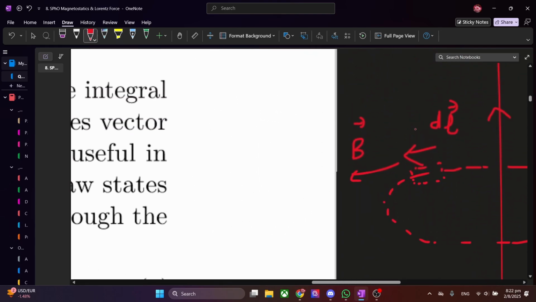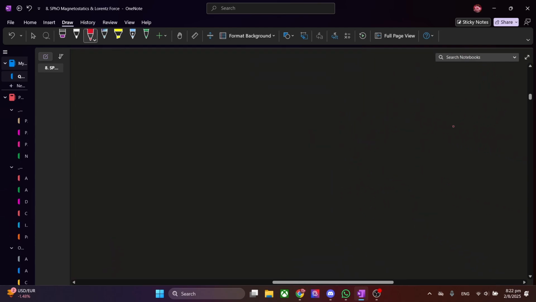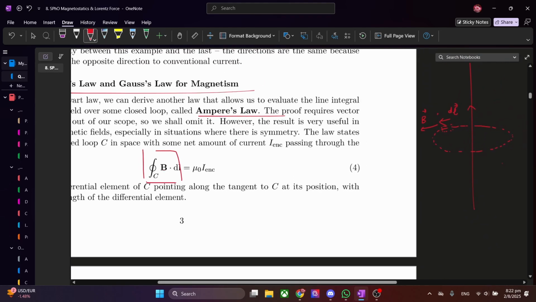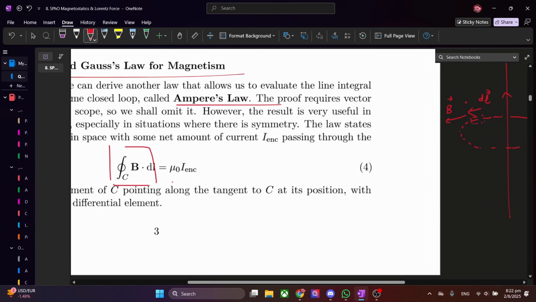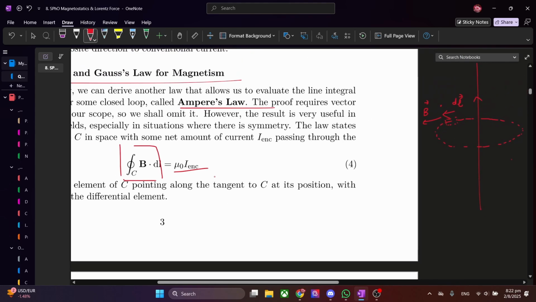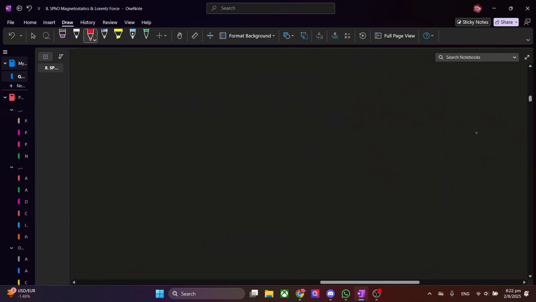Basically we take the dot product between both of these quantities and we sum them up over the entire loop. And what Ampere's law states is that this equals this quantity here. Here again we have the permittivity of free space, and here we have I enclosed. I enclosed means whatever this surface is enclosing.